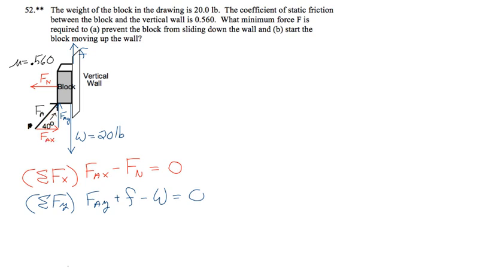So I'm going to take that top equation there, and I'm going to replace FAX with FA sine of the angle minus FN equals 0. So what can I solve for now? Well, what do I know from that equation that I just wrote down?